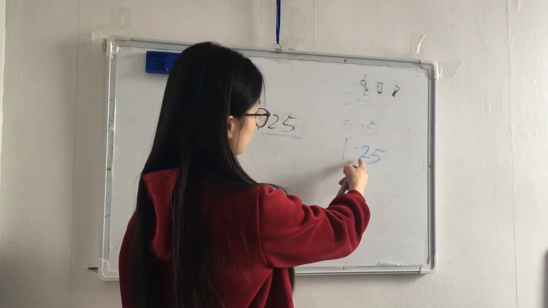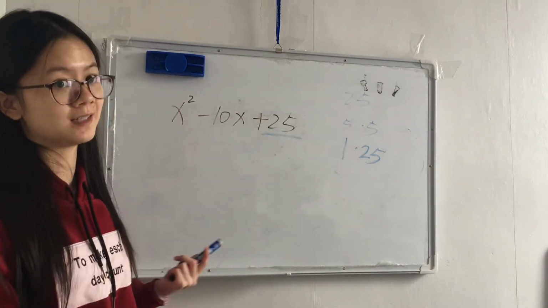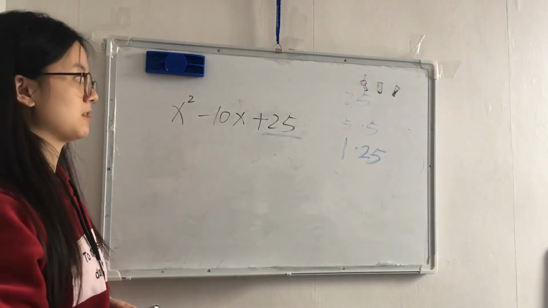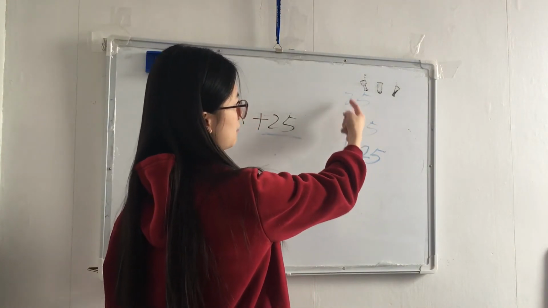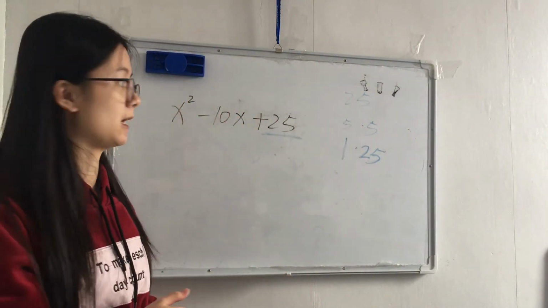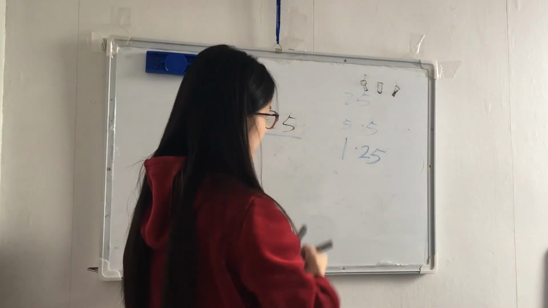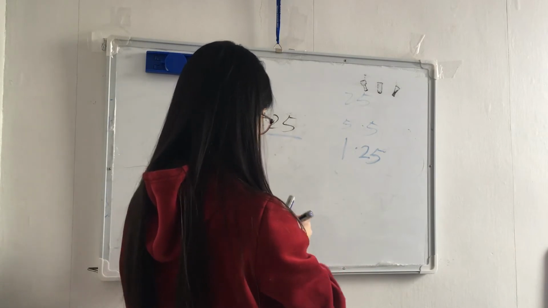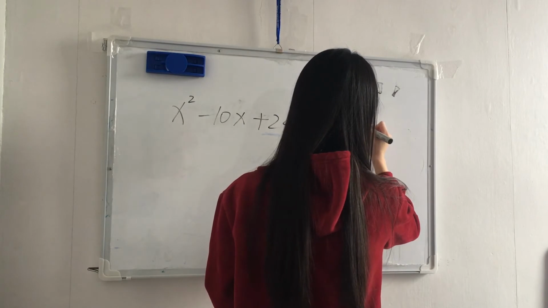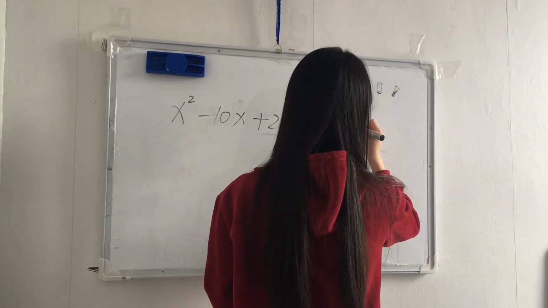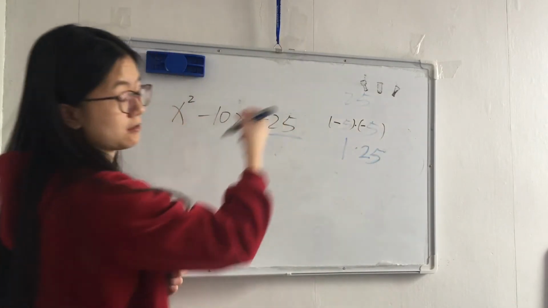Try this. 1 times 25, then we have 1 plus 25. This is not negative 10. Then we need to think, is there any other pair of numbers that multiply to get 25? How about negative 5 times negative 5? This still gives us 25, right?